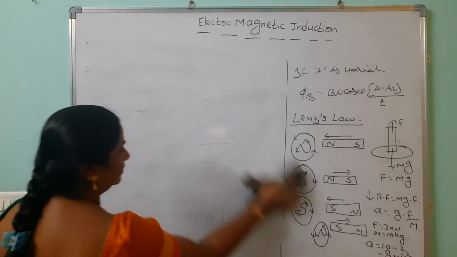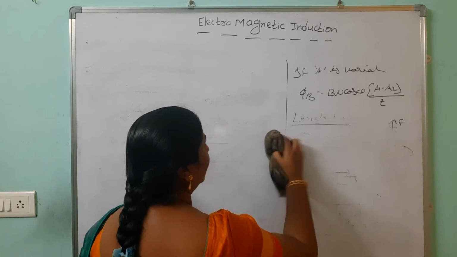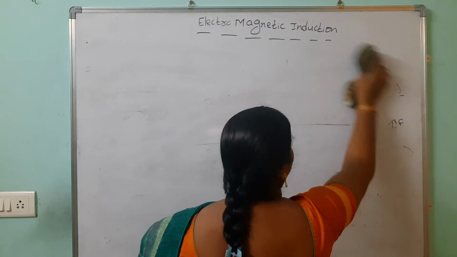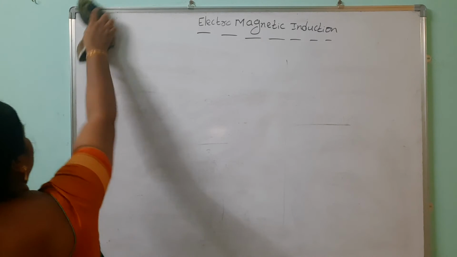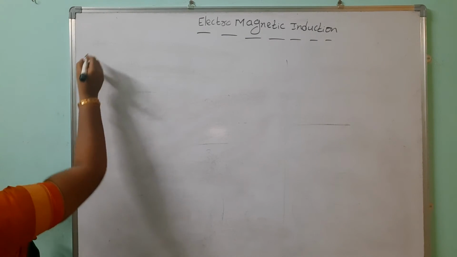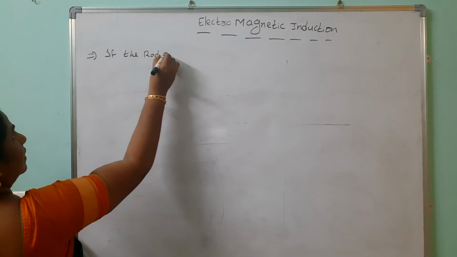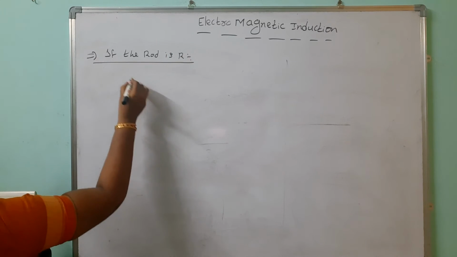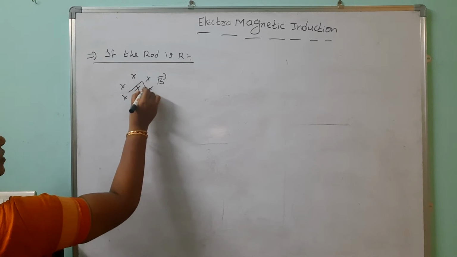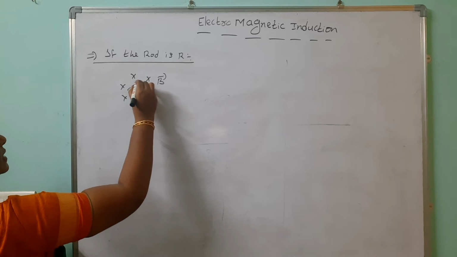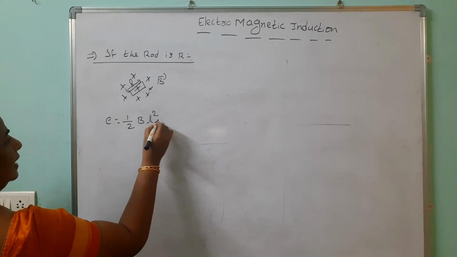See, one rod we are taking, the length of the rod is L, rotating in the uniform magnetic field of induction B. In this case, the electromotive force is half B L square omega.